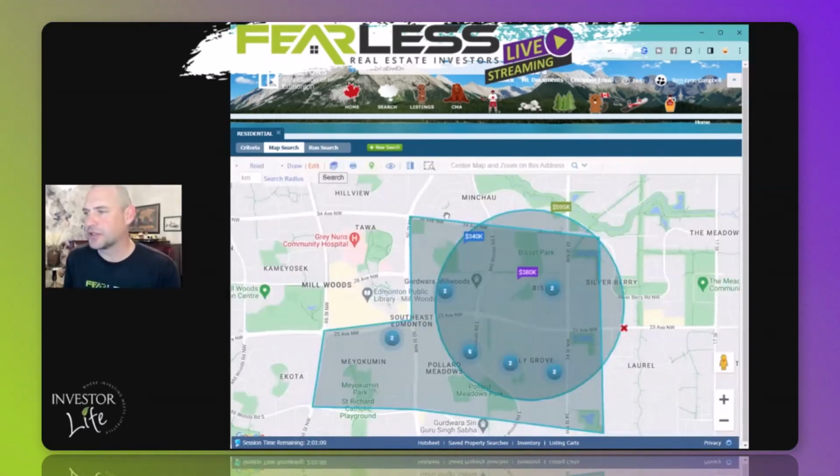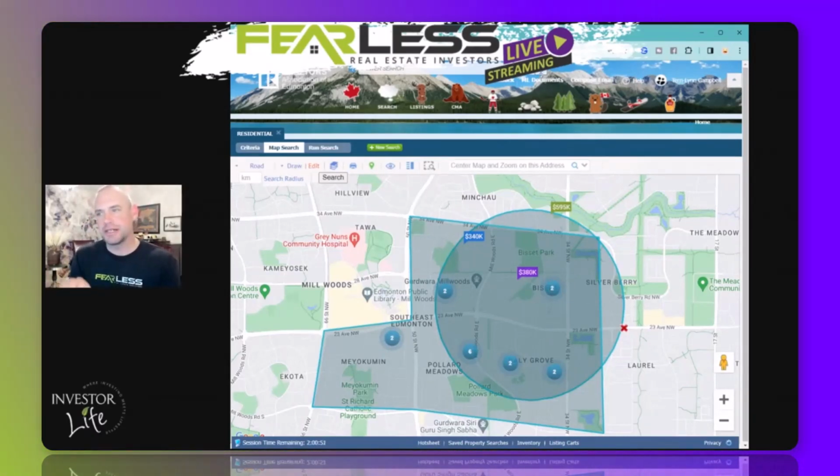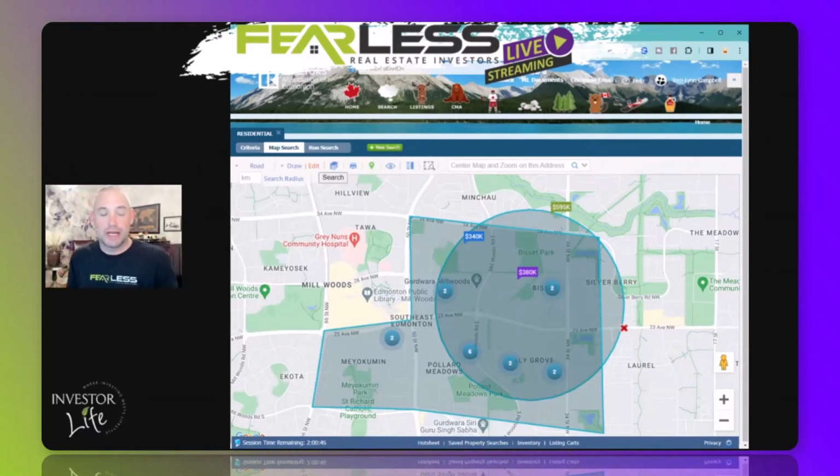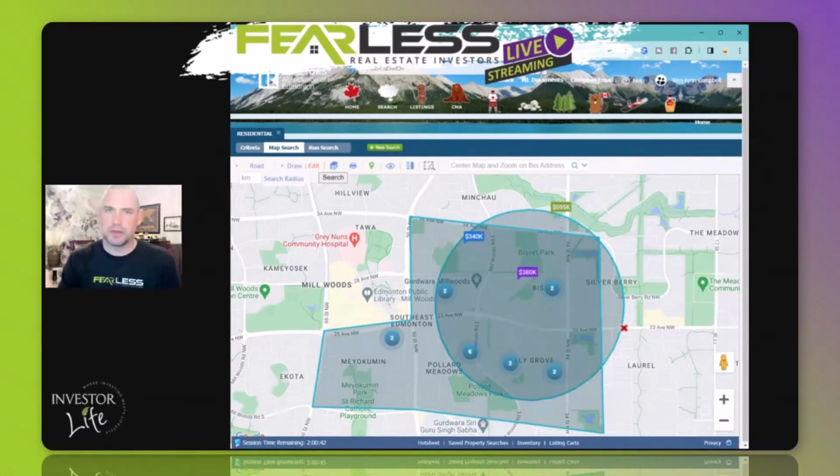Well, you see how I can search a specific area there that now opens my search criteria. And so you can be really, really specific. So if you're wanting to be in a specific area across the right side of the tracks, we could say, and you know the town really well, or the neighborhood really well, you can be very, very specific on what you're searching.